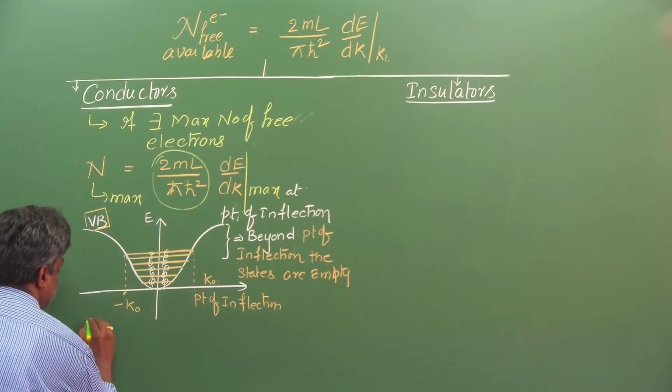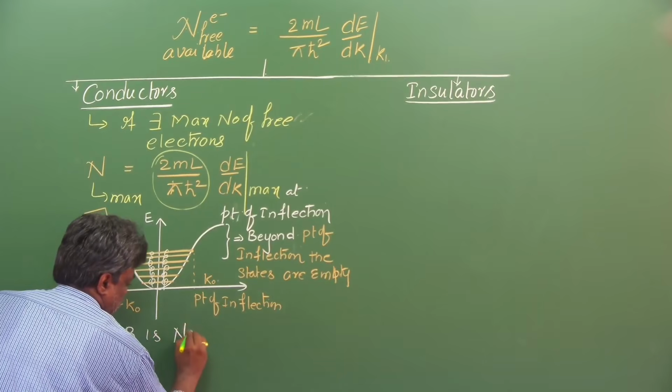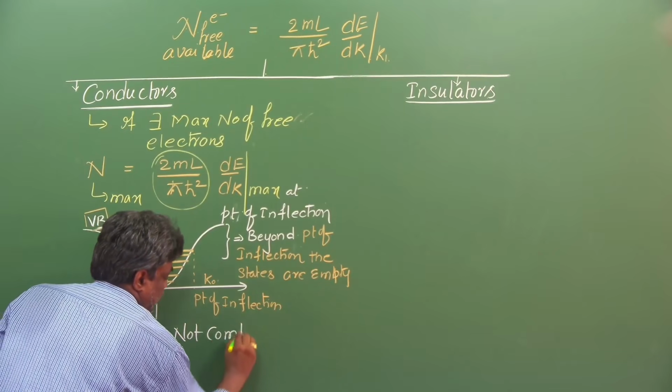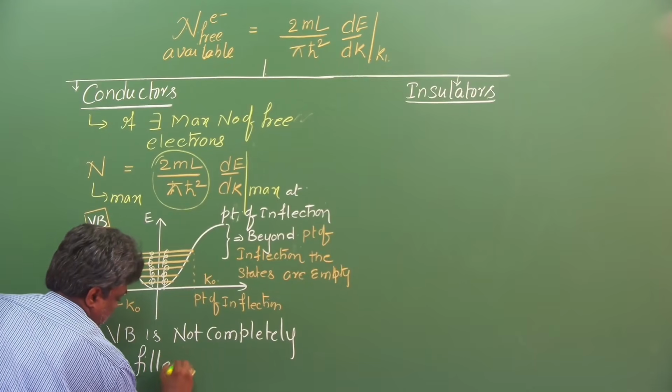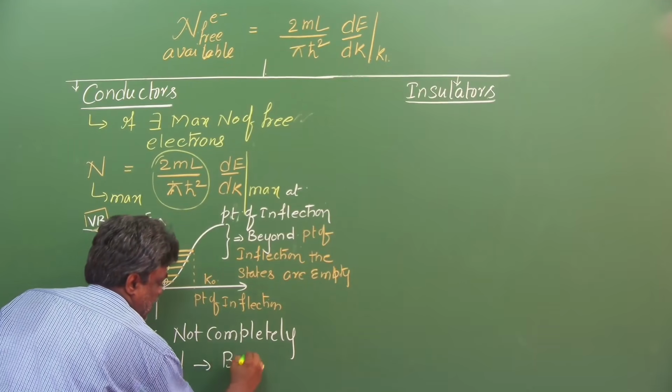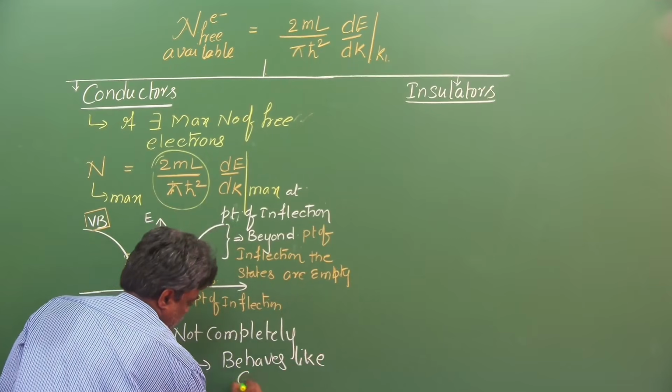The valence band is not completely filled. Then it behaves like a conductor.